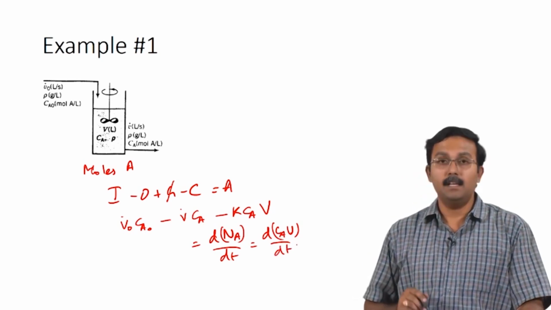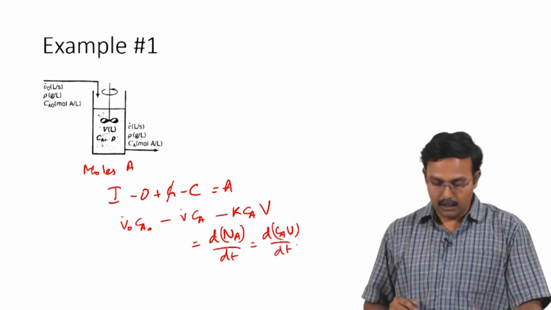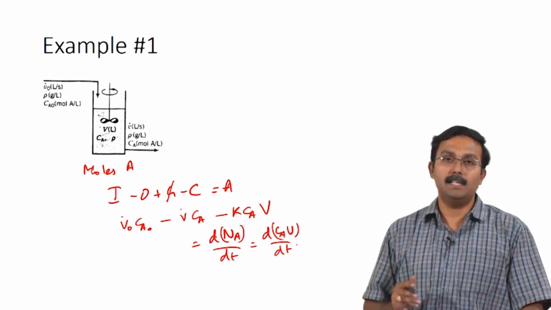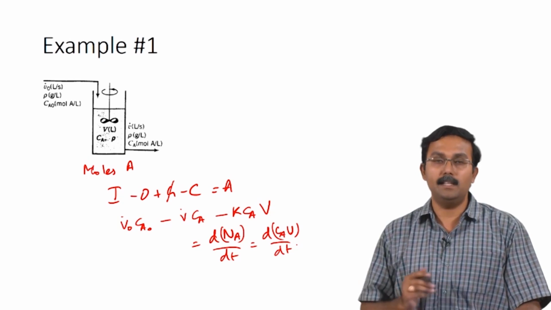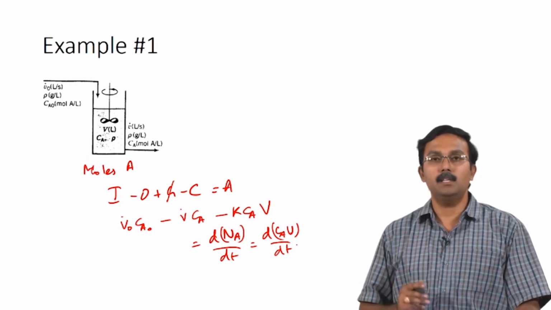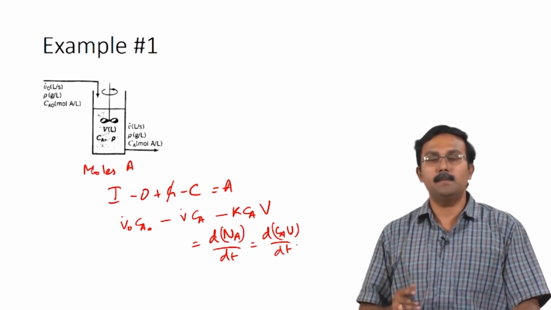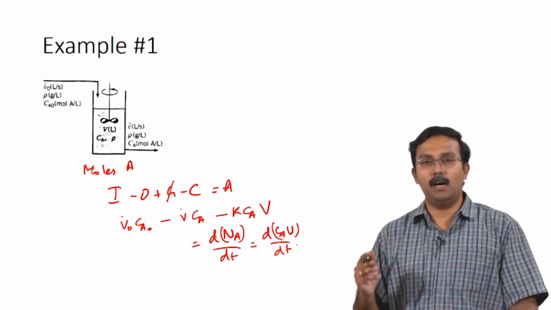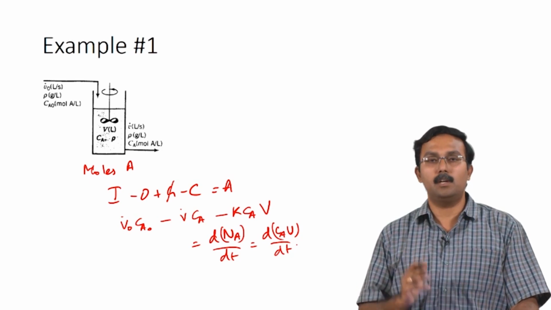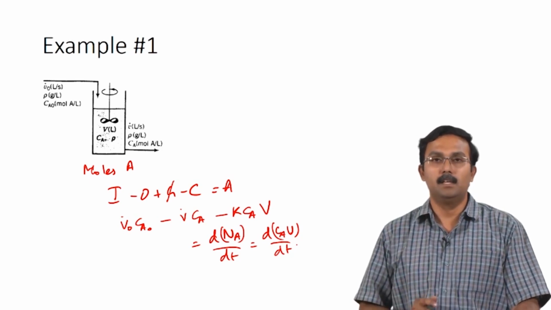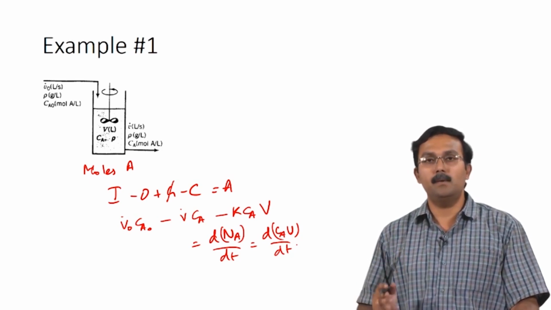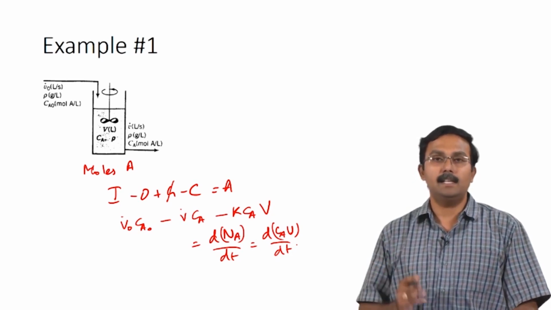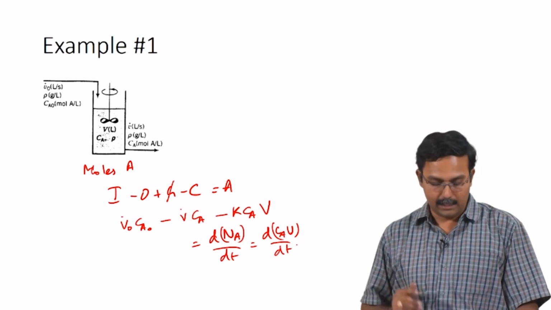What you would notice is both for the consumption term and for the accumulation term I have used Ca, which is the concentration of A which is leaving the reactor. This is because we have been told that the system is perfectly mixed. That means that the concentration of the outlet stream would be equal to the concentration in the system. That is why we are using Ca, the concentration of the exit stream for A, as the concentration of A inside the reactor as well.